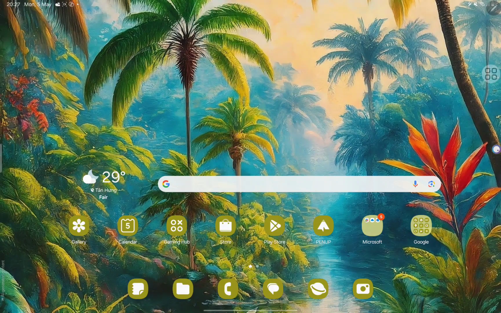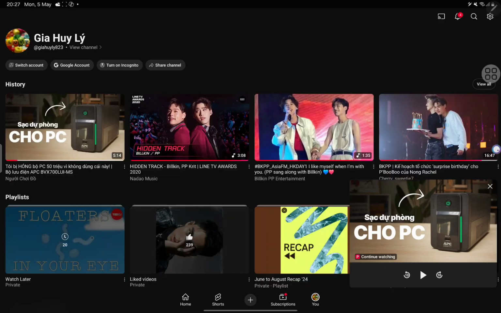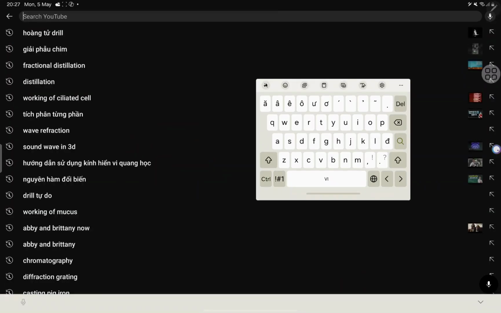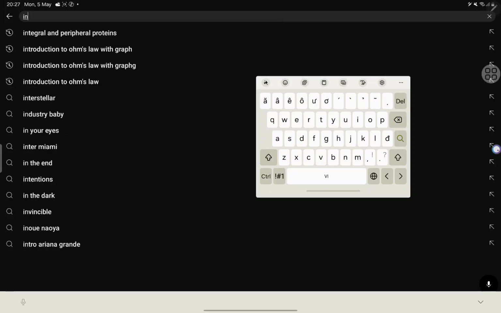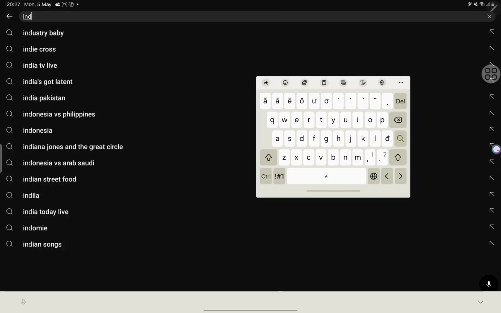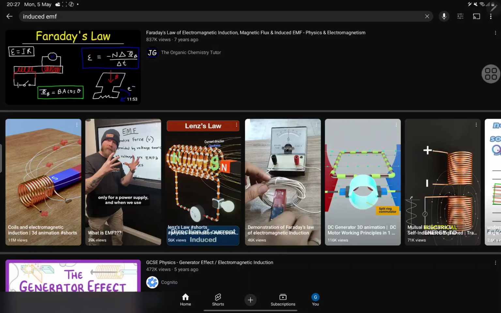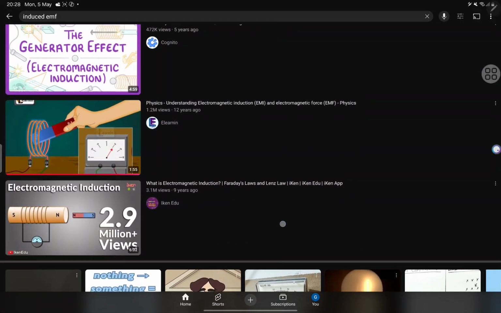Oh, it's not here. Oh, I forgot. Induced EMF here.